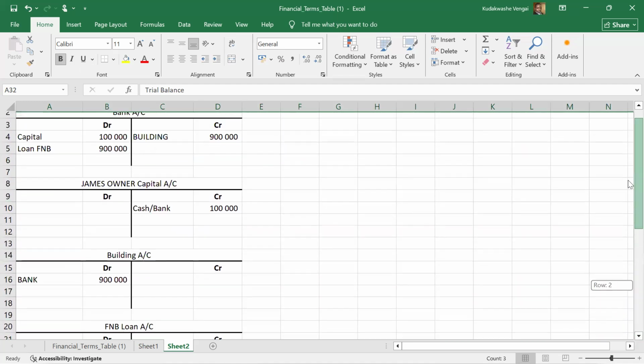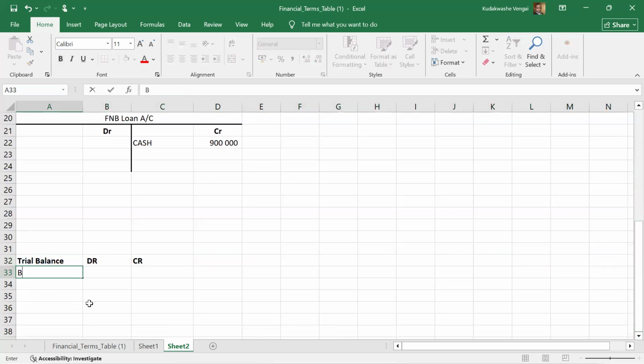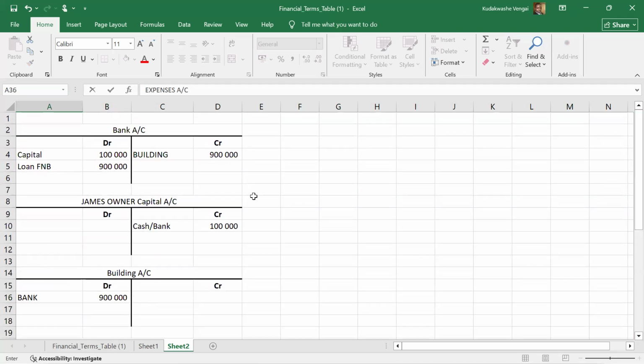A trial balance is where the accountant is saying how much money is in the bank account, how much money is in the building account, how much money is in the capital account, how much money is in the expenses account, and so forth. He is listing each and every account of the business according to the balance that is left in that particular account.